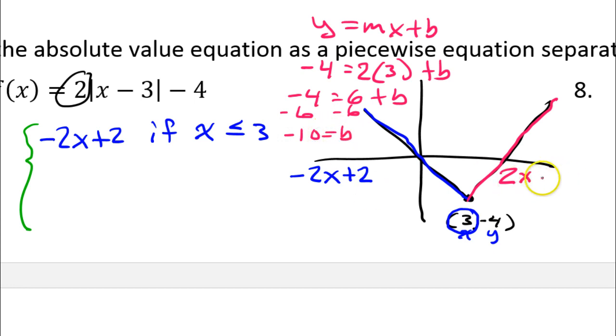So that gives you 2x minus 10. And we'll say if x is greater than 3, again, looking at the x value is where we're getting the 3 from. So that's how you could do it without having graph paper.